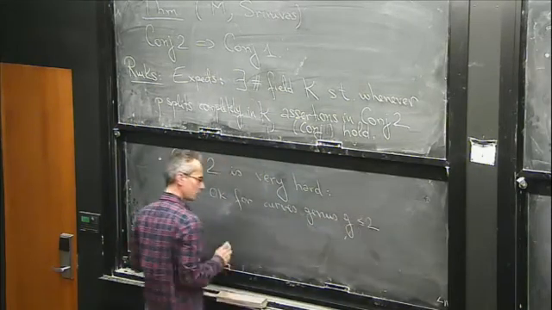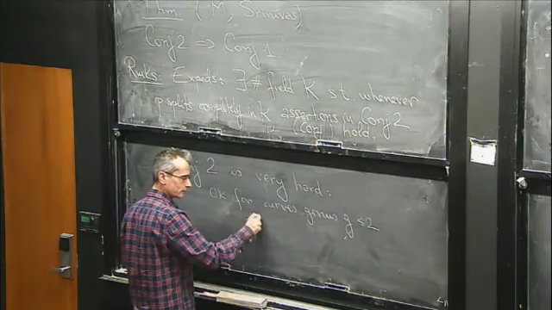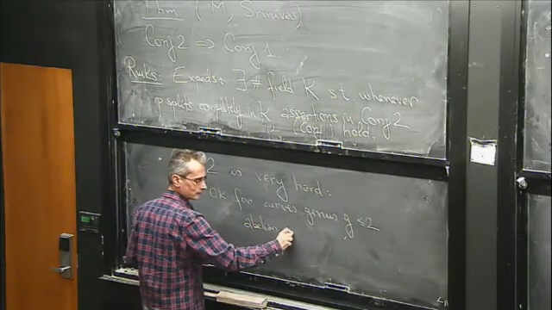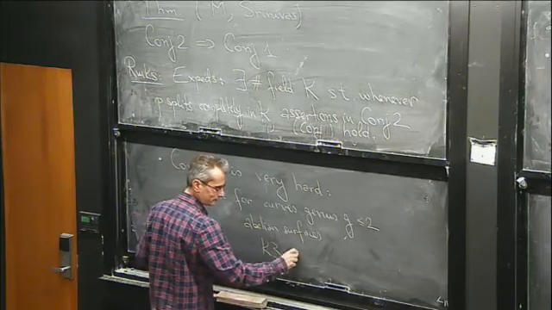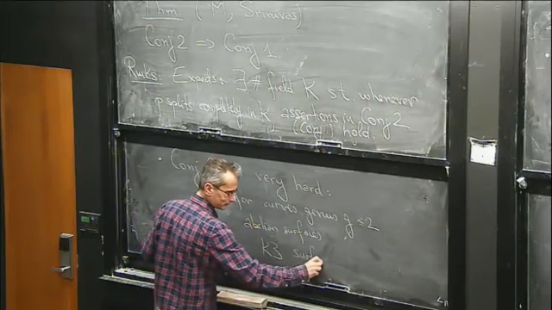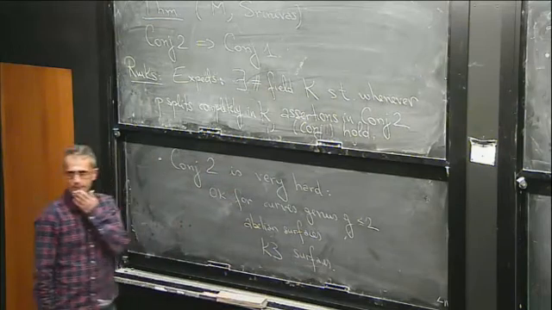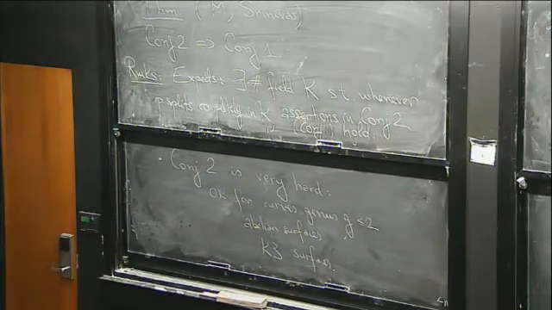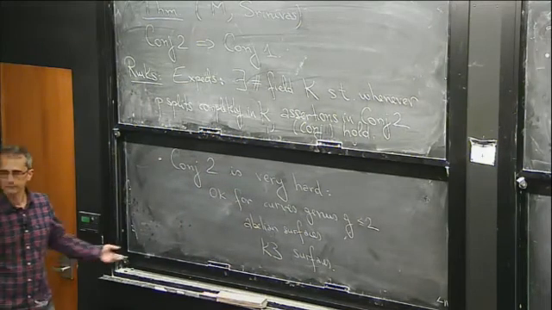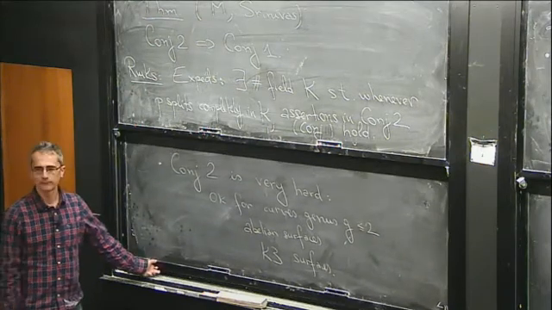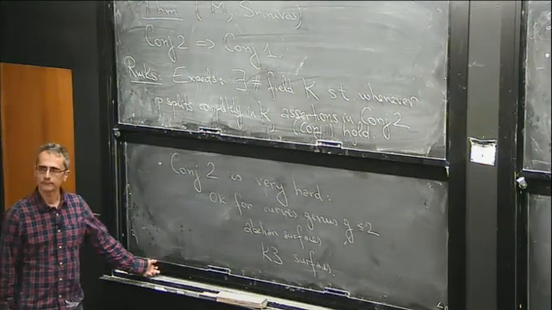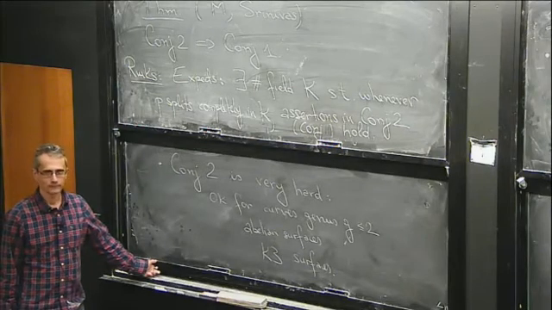It's also known for abelian surfaces and for K3 surfaces. Have genus 2, you say? Genus 2 is okay. Yeah, so basically genus 1 and genus 2. Any questions?